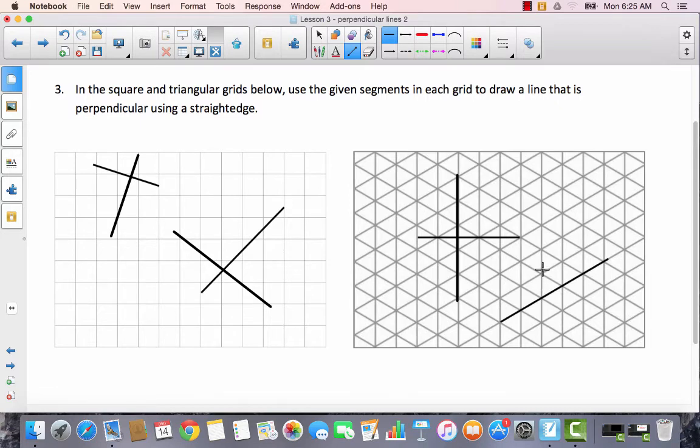I was trying to see if there was some way that I could make sure that I was crossing at a right angle. I guess if I do like this. Okay, so you're just wanting to make sure that you're making perpendicular lines. Wherever these lines cross, you want to form right angles.